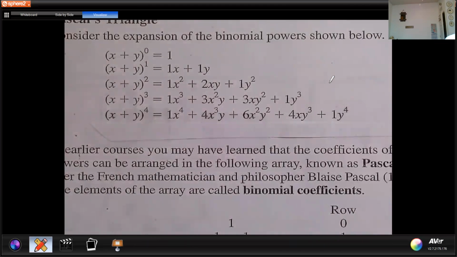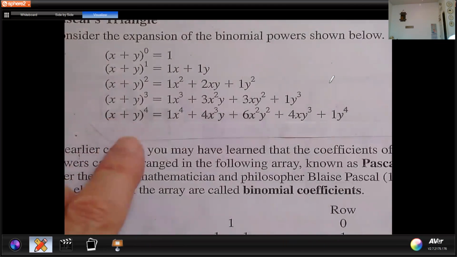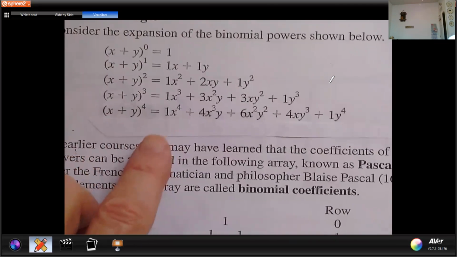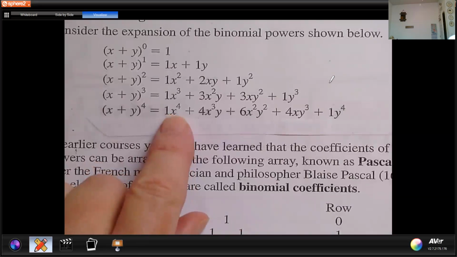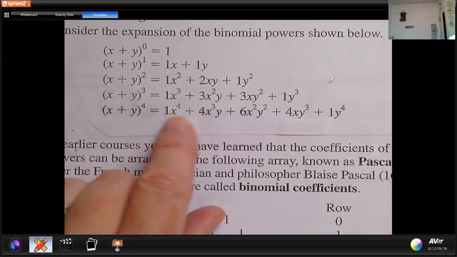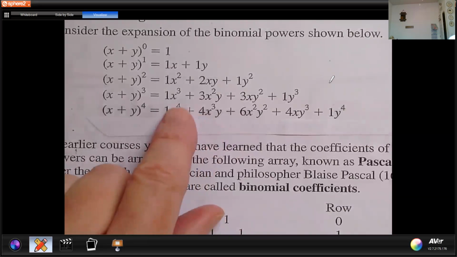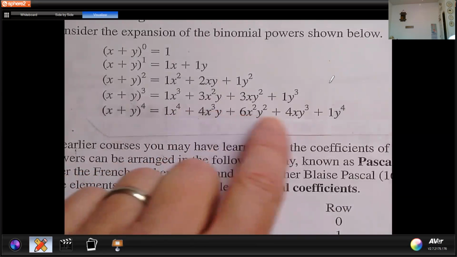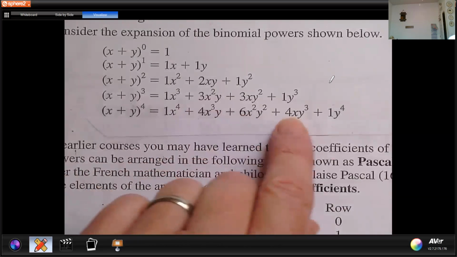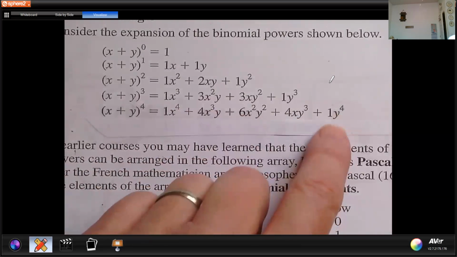So if I want x plus y to the 4th, let's look and see what the letters have to do. The x numbers have to be descending. Here's x4, there's x3, then x2, then x1, and then there's not any x's.